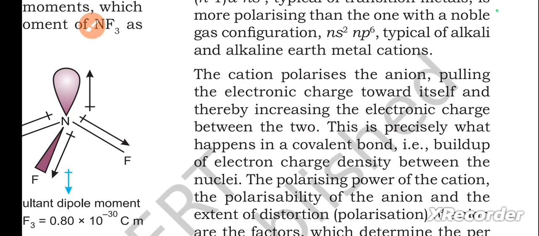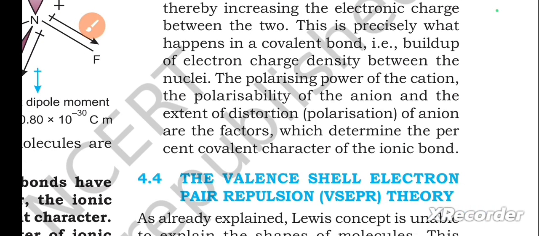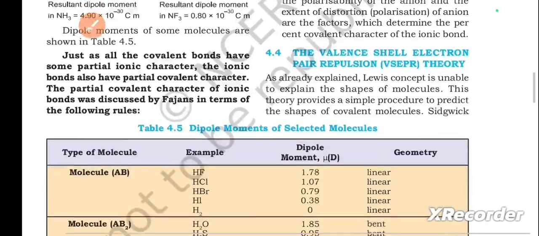The cation polarizes the anion, pulling the electronic charge toward itself and thereby increasing the electronic charge between the two. This is precisely what happens in a covalent bond, that is, buildup of electron charge density between the nuclei. The polarizing power of the cation, the polarizability of an anion, and the extent of distortion (polarization) of the anion are the factors which determine the percent covalent character of the ionic bond.